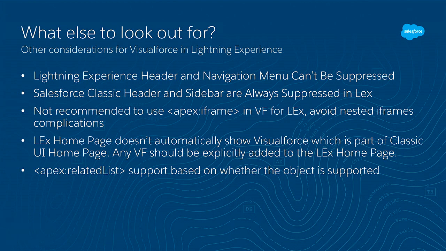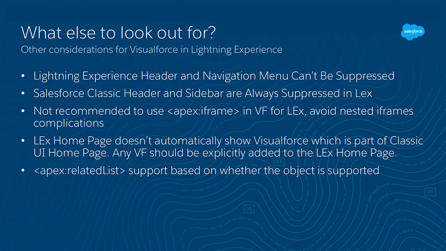Okay, and if you have any Visualforce components added to the classic UI's homepage, they won't automatically work in the Lightning Experience homepage, but you can just edit the homepage using the edit page, like I did for the opportunities. You can just edit it and then add your Visualforce components, like I did for the opportunity detail page.